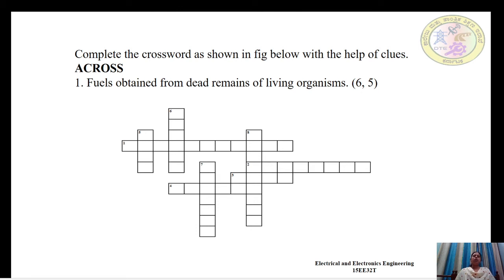The first question is fuels obtained from dead remains of living organisms. Exhaustible natural resources like coal, petroleum, natural gas were formed from the dead remains of living organisms. So, these are called, then what will be the word?